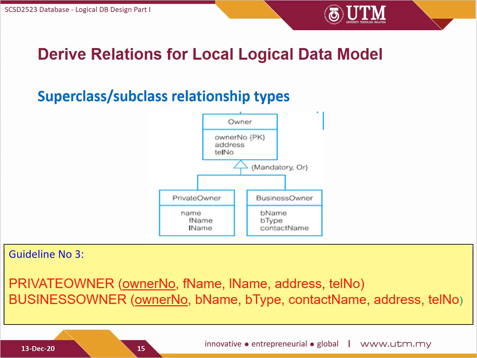Therefore, we choose guideline number 3 in the previous slide as the best representation of this relationship and create a separate relation to represent each subclass, as shown here, and include a copy of the primary key attribute of the superclass in each relation.